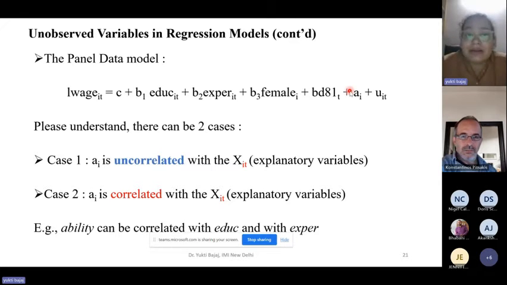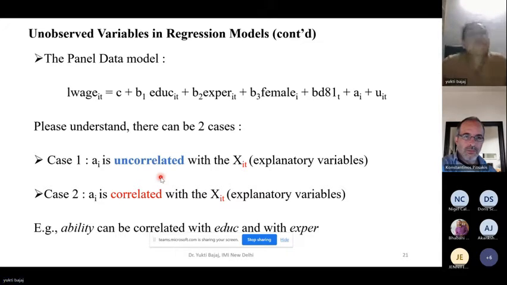In this particular model, there is a chance that this AI is correlated with education, but there could be other models you're dealing with wherein this unobservable variable might not be correlated with any of these explanatory variables. So we develop two cases. Case one is when this unobservable factor is correlated with the other explanatory variables, and the other is when it is not correlated. Now, what to do with both of these cases?